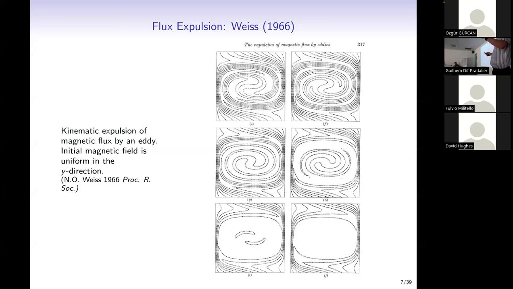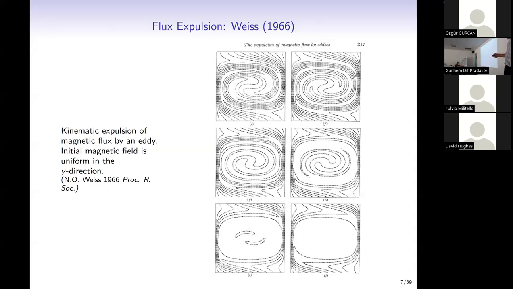So it's 2D, and it is the kinematic problem. The flow is given, and here the flow is some cellular flow which fills the box, with the field in it. These are just what happens at various times. These are field lines.